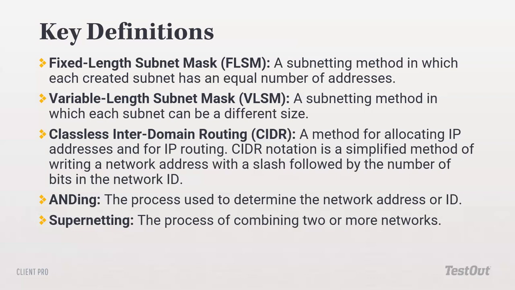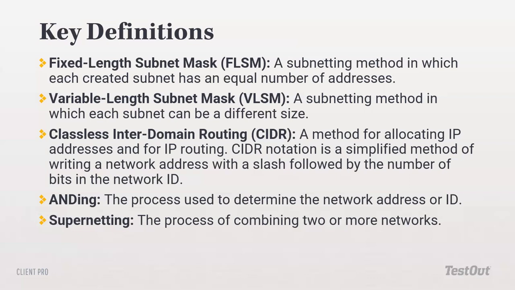So instead of having say an address and a subnet mask, you might see an IP address and it's like a /24. Okay, and that /24 is the same as saying I'm using the subnet mask of 255.255.255.0 with 24 bits for the network portion. Okay, so you'll see that notation here and there as well.